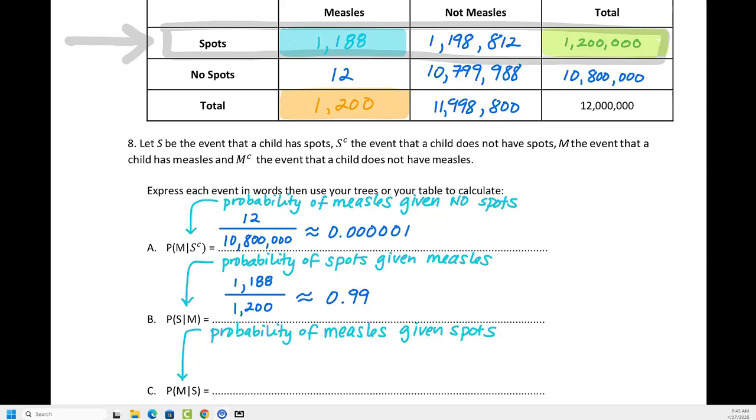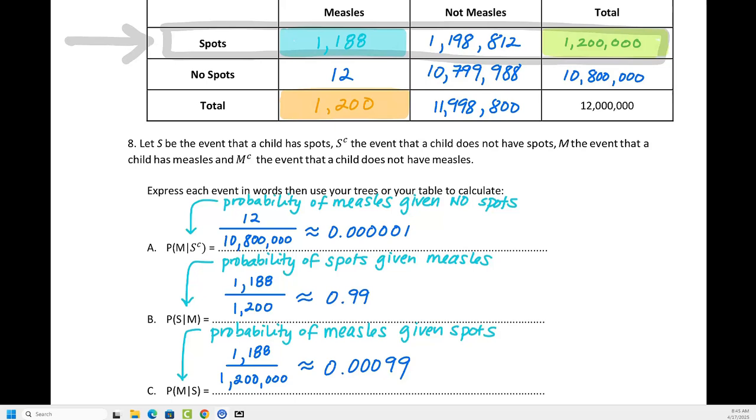Well, in that row, 1,188 of them have the measles, right? And the total for that row is the 1,200,000. When you stick that on your calculator, you're going to get 0.00099. Okay, I went to a bunch of decimal places here.